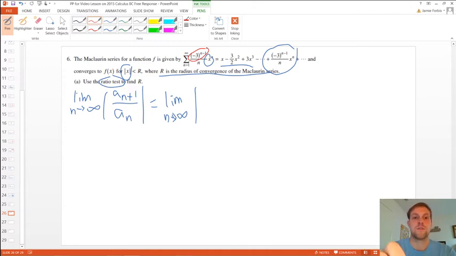So I'm going to do a sub n plus 1. I'm going to say instead of -3 to the n minus 1, I'm going to say -3 to the n plus 1 minus 1 is just n. I'm going to have x to the n plus 1 over n plus 1. And again, I'm going to leave the -3 in there because it's not like having -1 that just goes away.